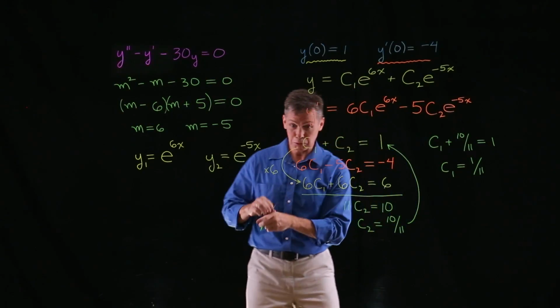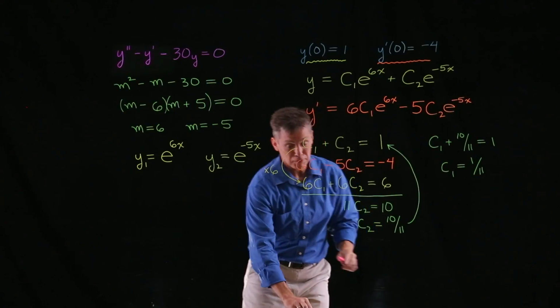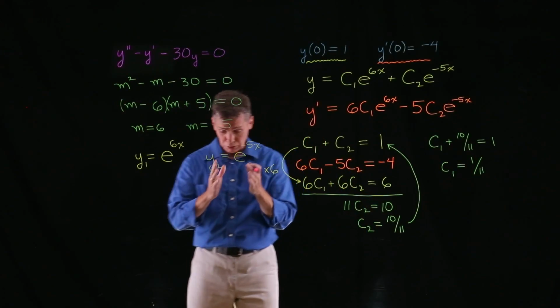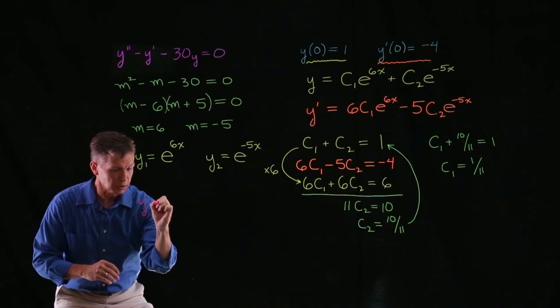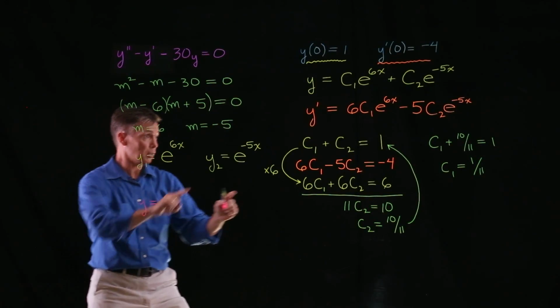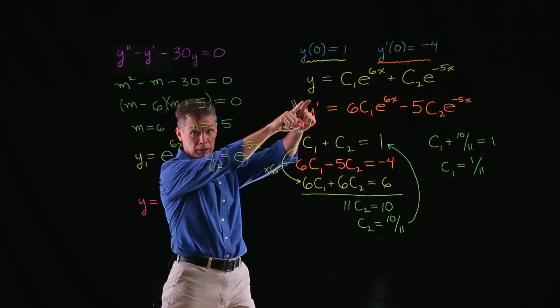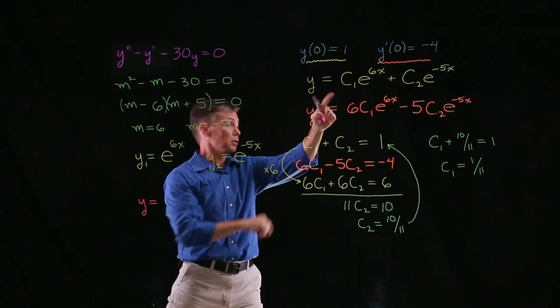I'll slide over here where I have a little bit of room. Our final answer, they wanted the particular solution. I'm just putting my specific values of C1 and C2 into the yellow y equals.